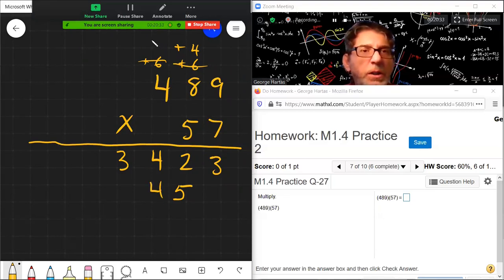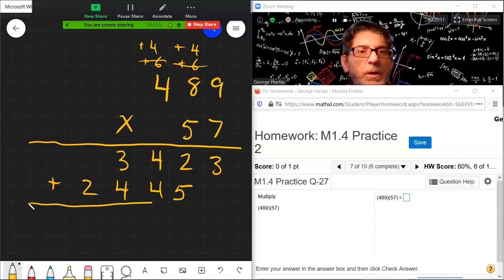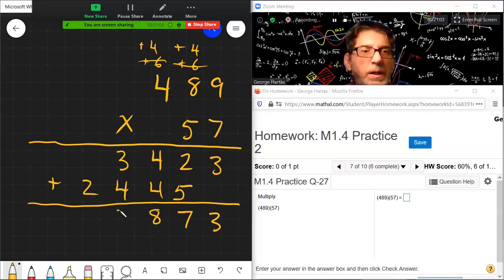Right-hand digit, left-hand digit. 5 times 4 is 20. 20 plus 4 is 24. Right-hand digit, left-hand digit. Okay. Add. So we got 3, 7, 8, 7, 2.